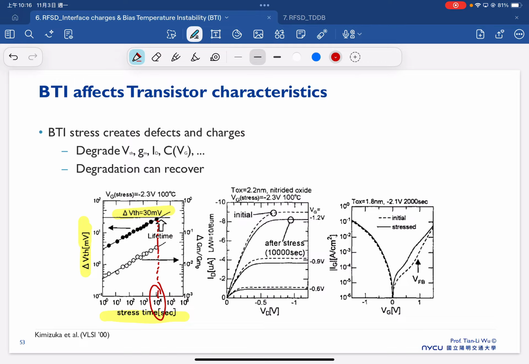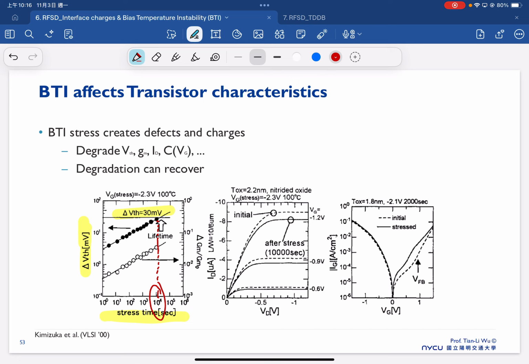So now you can see that if our device suffers a huge BTI effect, in the end the lifetime can become very short. The 30 millivolt threshold voltage shift is a very, very small value, but that's actually what industry hopes to achieve in the end.